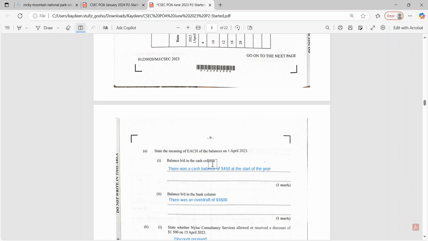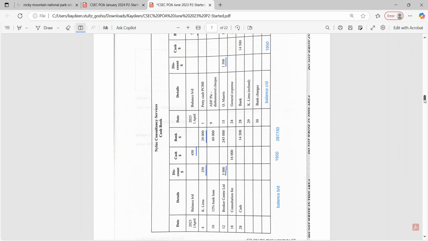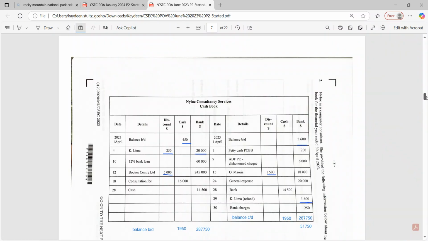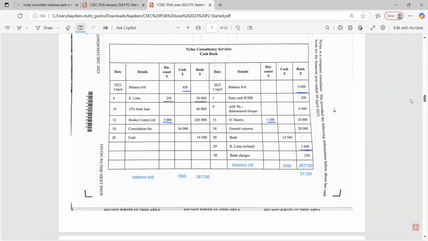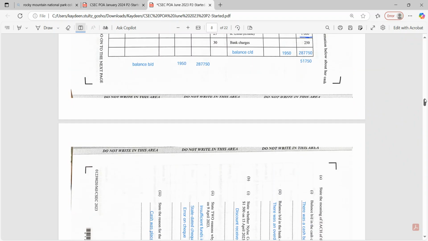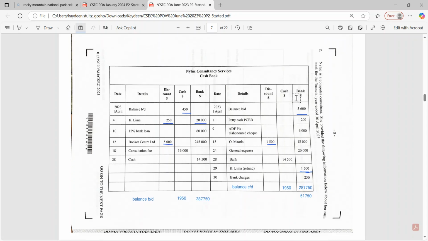Balance BD in the cash book, so that's I. So let us look at balance BD in the cash book. In the cash column, the balance BD is $450.